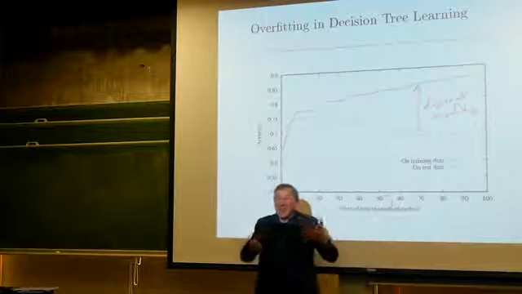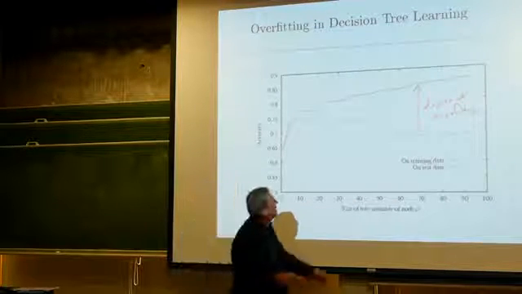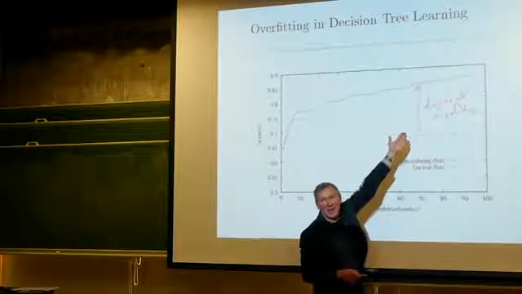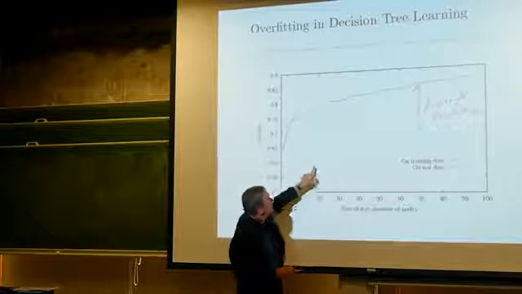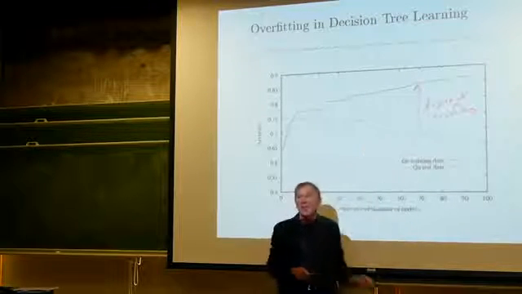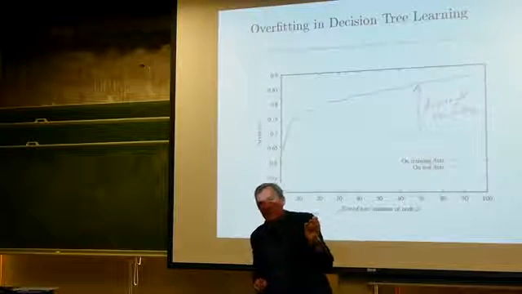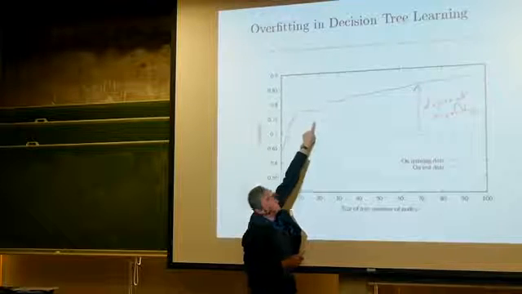And at the end, when it was all done, it could come back and say, well, gee, I'm not really interested in how well we do on the training data. I'm interested in how well we're going to do in the future. So since this held out test data gives me an unbiased estimate of how well I'll do in the future, I want to go with one of these trees.